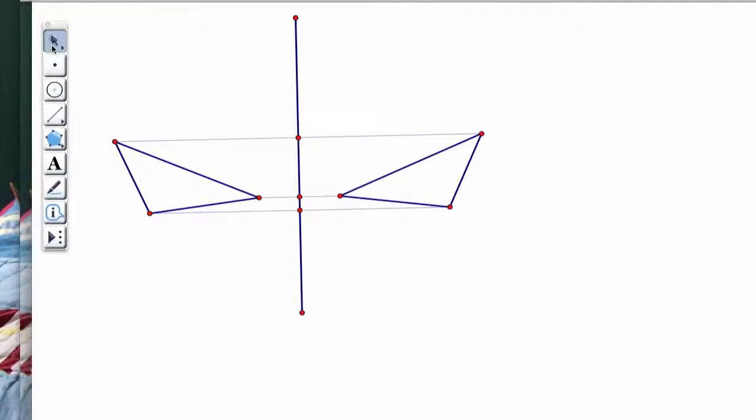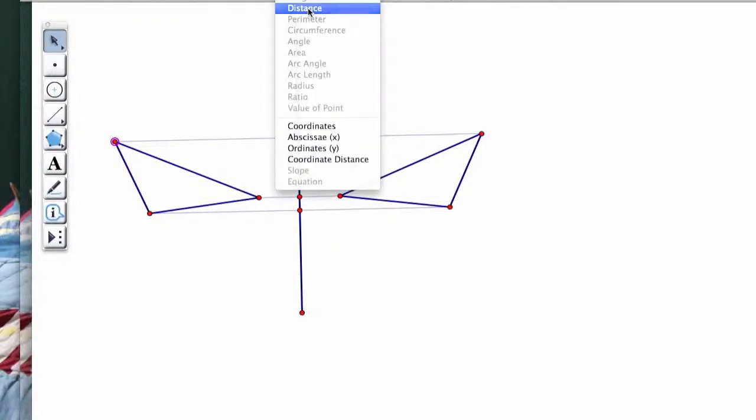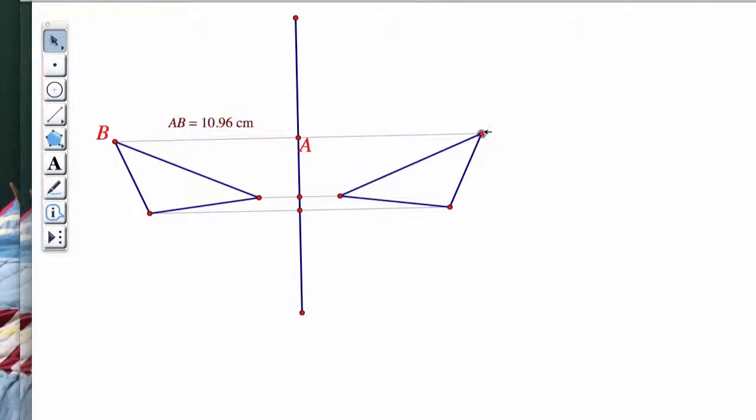A way you can tell if it's a reflection is that the distance from a point of a triangle to the line of reflection should be the same. Measure this distance here, and the length is the same. And that should go for this half, this half, this half, and this half.